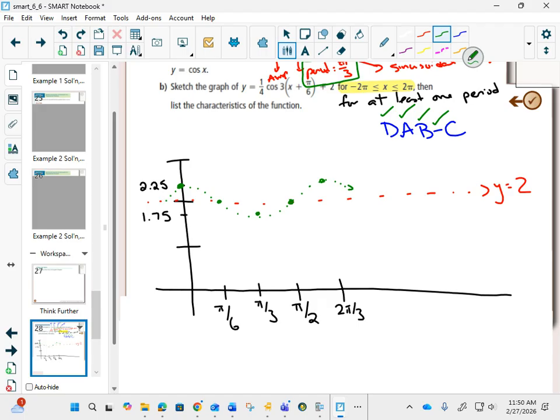And finally, the shift. We need to go pi over 6 to the left. Can we label that? Yes, pi over 6 would be exactly 1 ticking mark to the left. Take each of our points and move them 1 over.